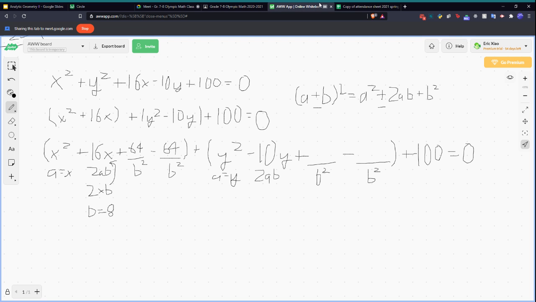Chenglong says 25. 25 is correct. So let's look at that. This is 2ab, so that will equal 2yb. So we have 2yb is equal to negative 10y.